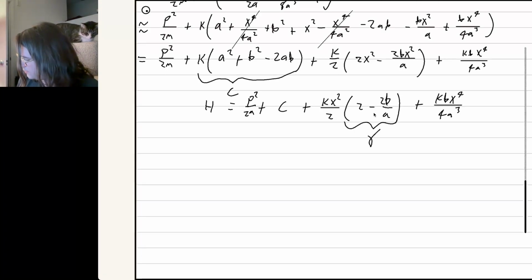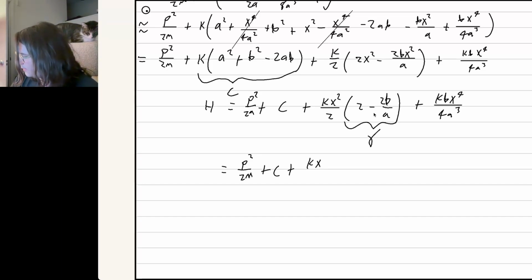And so what we'll have when the dust settles is something that looks a lot like, I'm actually going to put the k inside of there so that all of that is a constant. K there, k there.